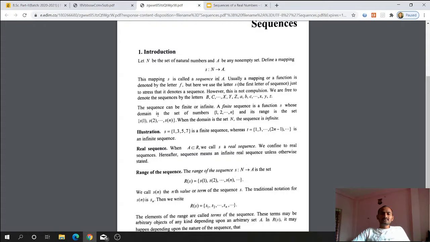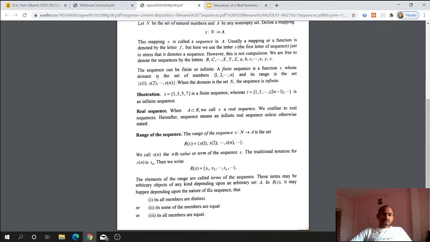If A is a set of real numbers, then this S from the set of natural numbers to A is called a sequence of real numbers. A function S from the set of natural numbers to the set of real numbers or a subset of real numbers is a sequence of real numbers.